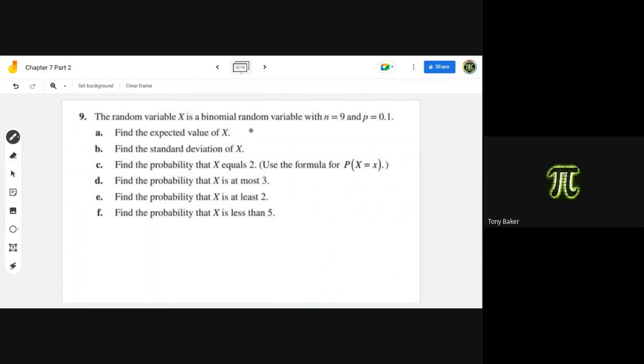Exactly, because it's just P times N, or N times P. So we had 9 times 0.1. Standard deviation.